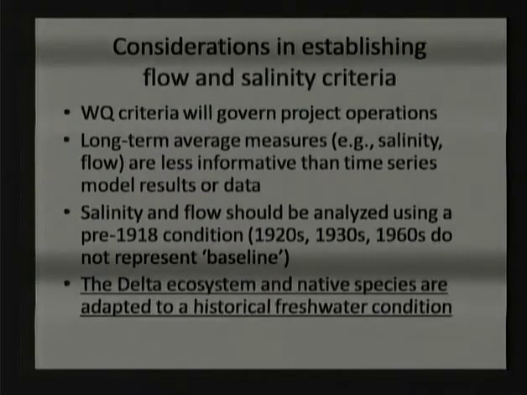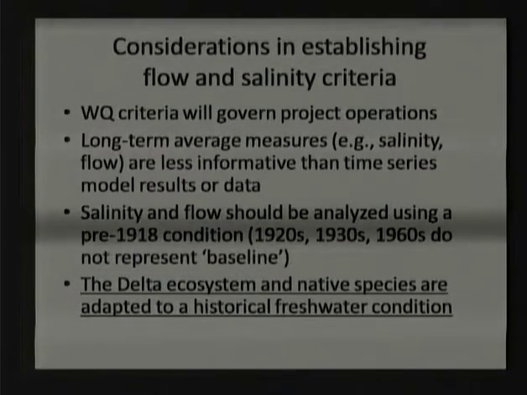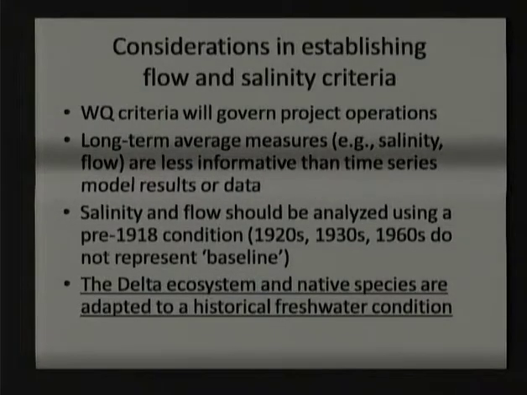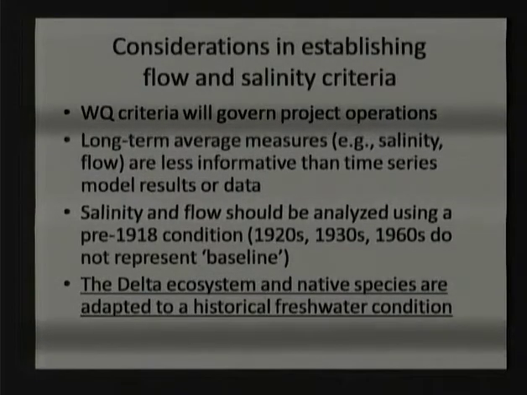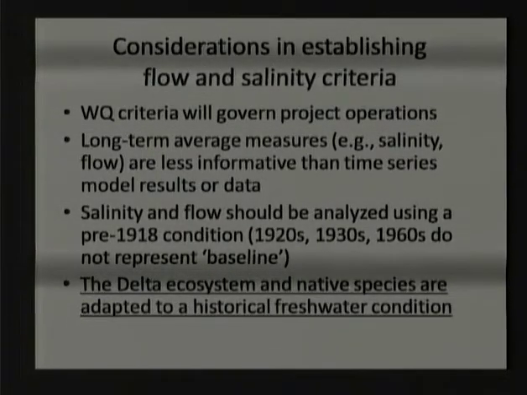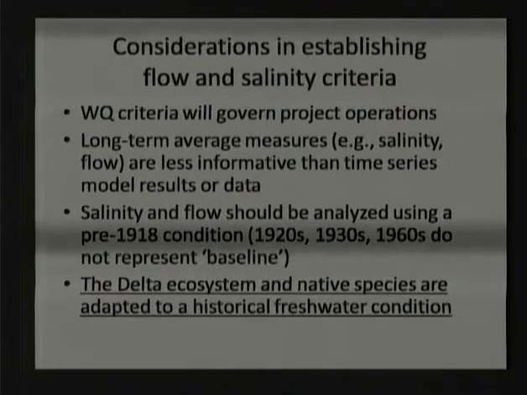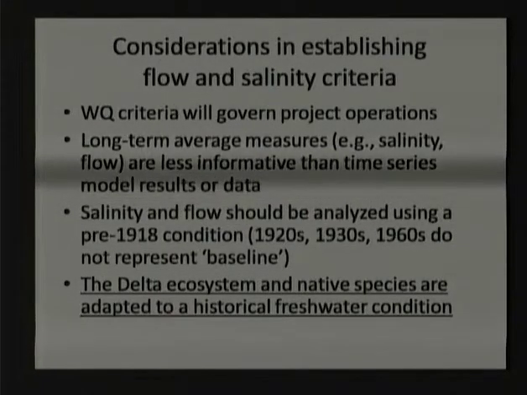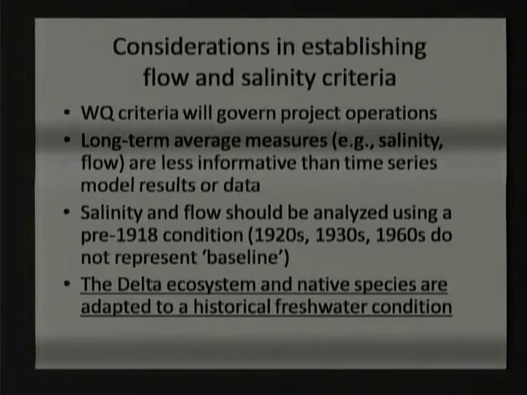And when we look at data, I think it's important to remember what that historical pre-1917 or pre-1918 condition looked like. There have been a lot of data presented here and over the years using different reference periods, the 1920s, the 1930s, the 1960s. And clearly conditions had already been altered significantly at those distinct periods of time.